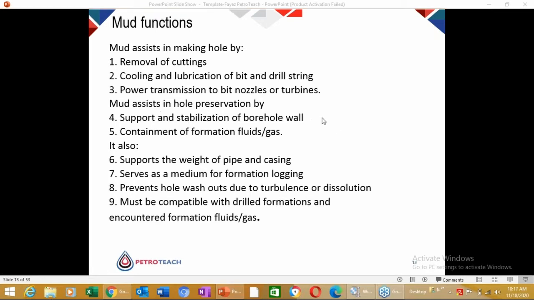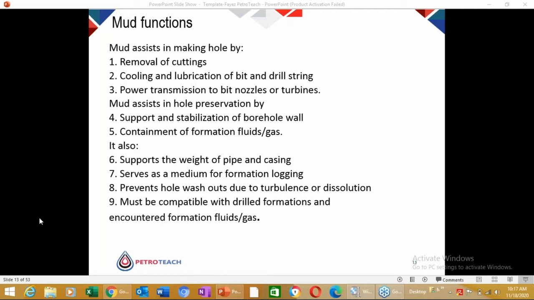Mud assists in hole prevention, support and stabilization of the borehole, containment of formation fluids and gas. Also it supports the weight of pipe and casing, serves as a medium for formation logging, and prevents hole washout due to turbulence and dissolution. It must be compatible with the drilled formation.